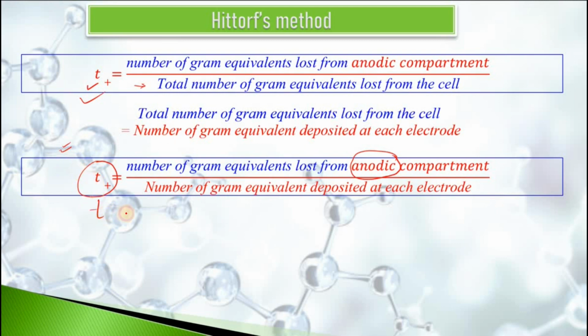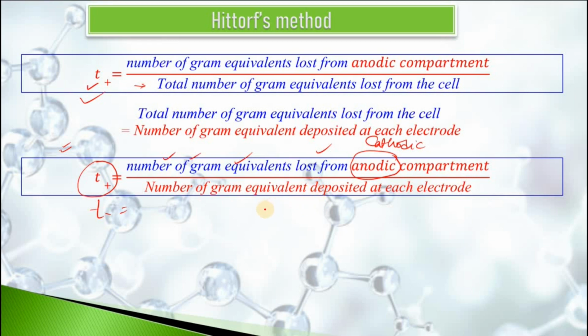So t minus can be written as the number of gram equivalents lost from the cathodic compartment divided by the number of gram equivalents deposited at each electrode.